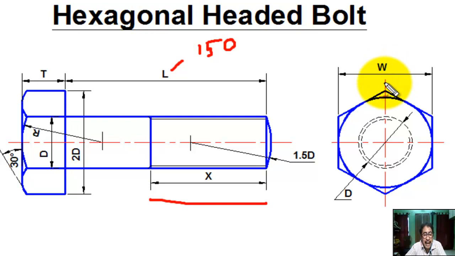Chamfer circle diameter equal to width W. This circle, this is D, diameter D. This inner circle is for thread, 2 millimeter distance. First quadrant is cut out.